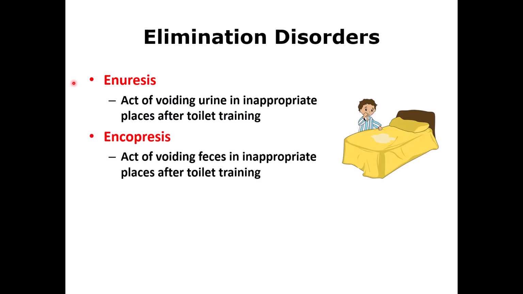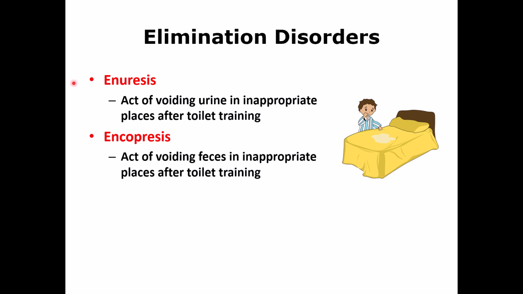Elimination disorder, this is important in children. One is for urination, the other one is for defecation. Normally children are potty trained by age 2 or 3, depending on the average. And if a child urinates after that age, that's called enuresis. Usually enuresis is a behavioral issue. It is more psychological.